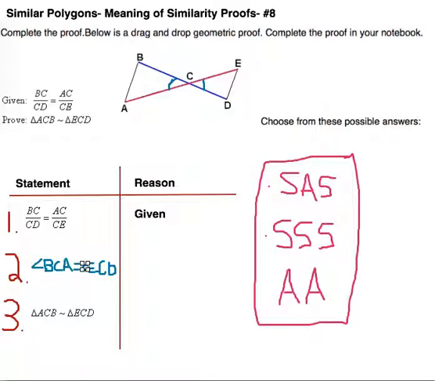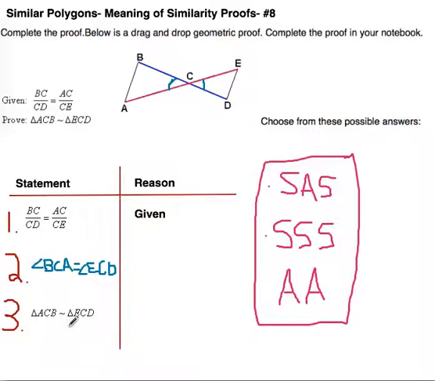Let me see if I can make that better. Alright, that's a little better. Okay. Alright, and we know that because vertical angles are always equal.